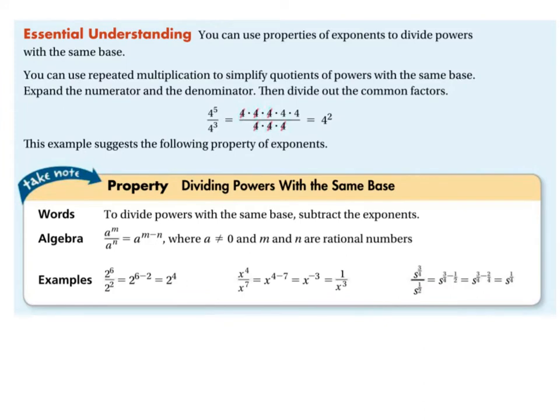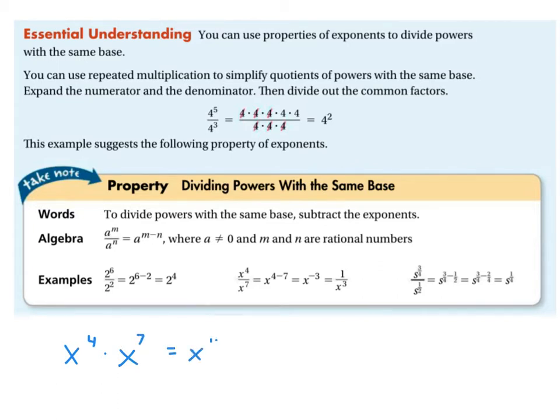Here we go. The first thing that I want to do, look down here on the bottom where I'm going to write. Remember how if we had x to the fourth times x to the seventh, we would add them together to get x to the 11th?